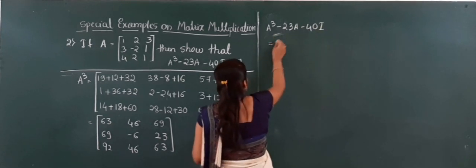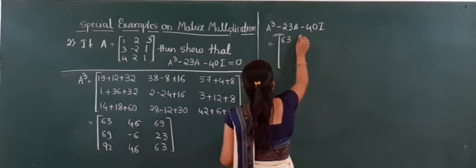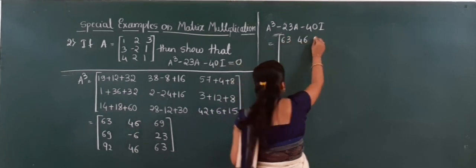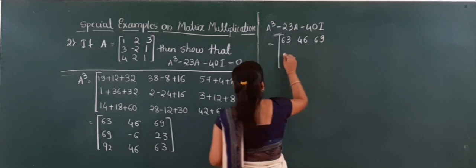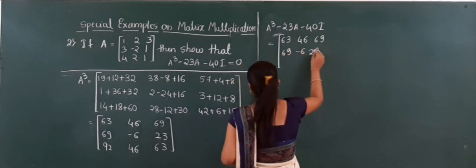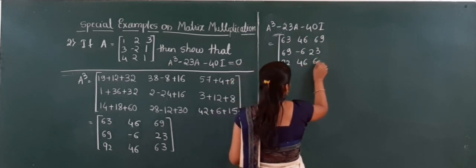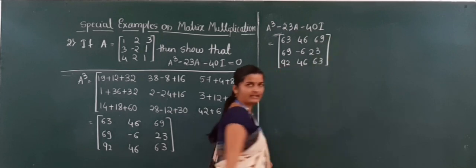Okay. So A cube is 63, 46, 69, 69, minus 6, 23, 92, 46, 63. Okay?